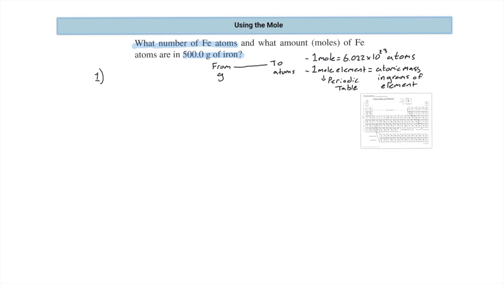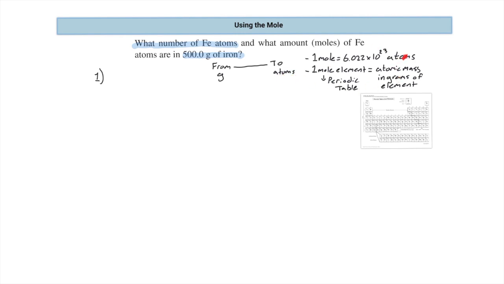Now what's interesting about this problem is if we look at it very carefully, when we try to approach it in 2 steps, we're going to find out that there's an easier way to do this than doing it the way that I've set up. So watch. When we do our from to to, we ask ourselves, do I have a conversion factor that gets me from grams of iron to atoms of iron?